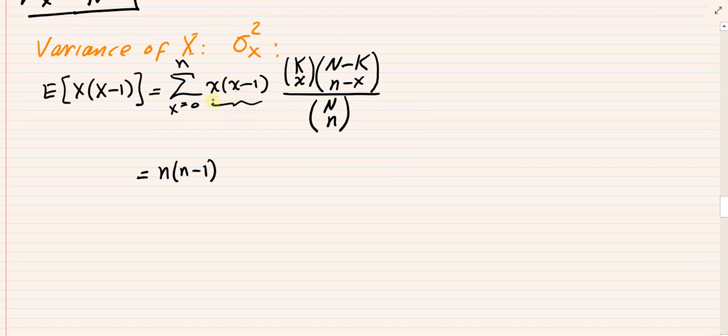Okay, in other words, this time I want to get x times x minus 1 out. Notice when x is 0, the summation actually goes like this. When x is 0, it's a 0. When x is 1, this part is 0, right? 1 times 0 is 0. So really the meaningful non-zero terms begin when x is 2, right?